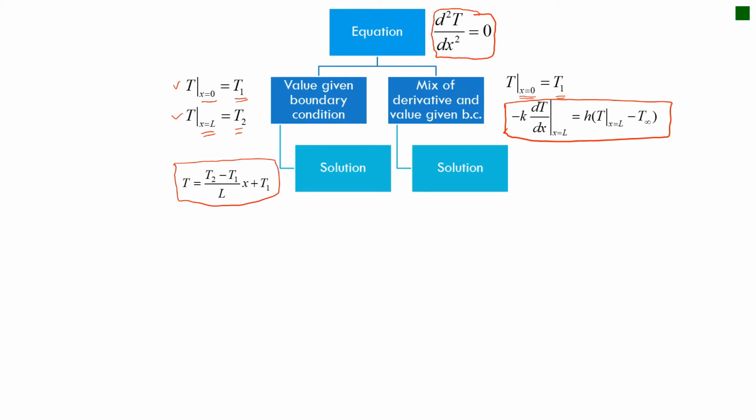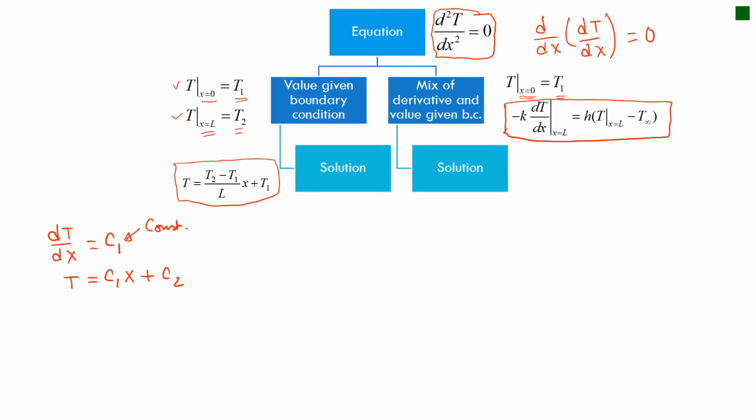d squared T dx squared equal to 0, we can rewrite as d/dx of dT/dx equal to 0, which means dT/dx is a constant, C1, and so we write T equal to C1 x plus C2, where C2 is another constant of integration.